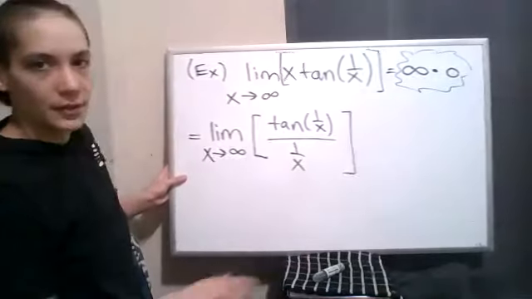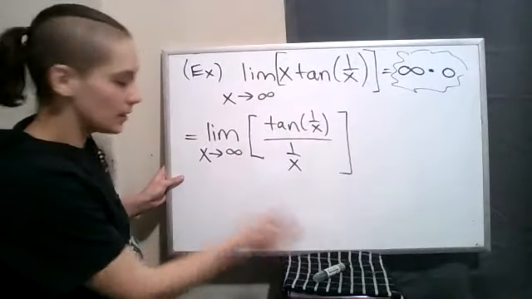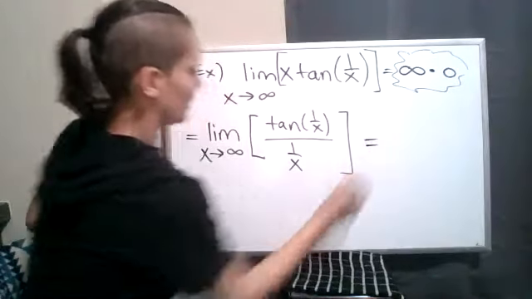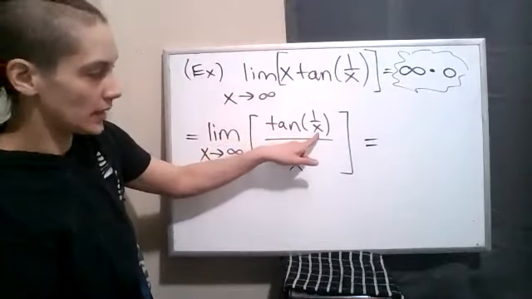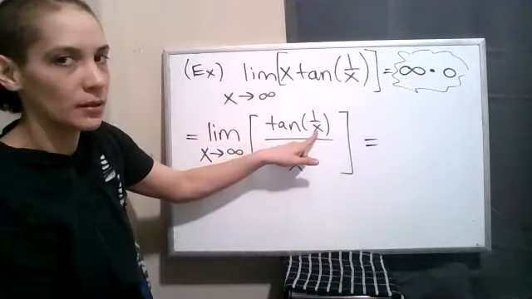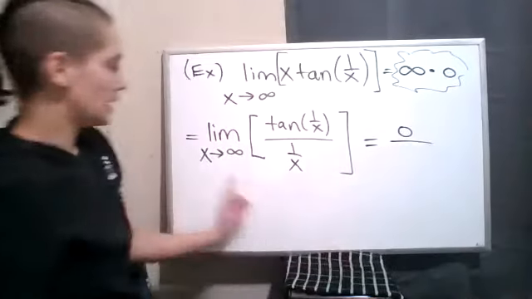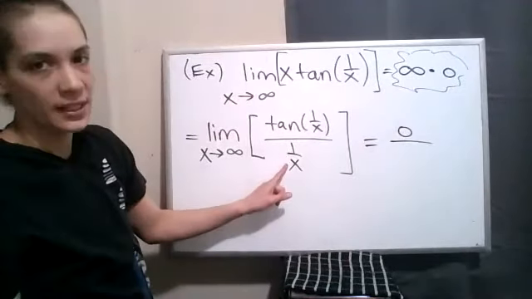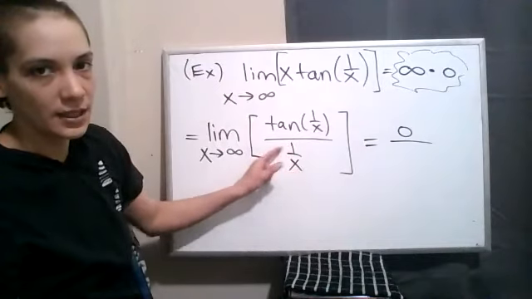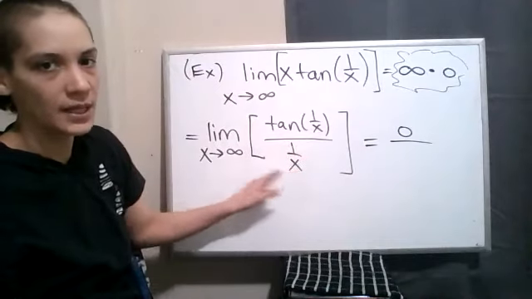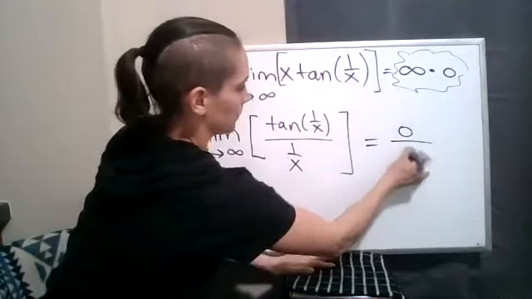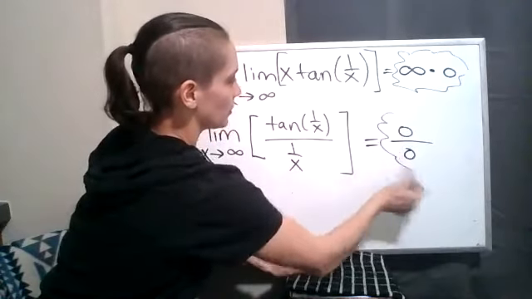So we'll check this out. If we put infinity in, tangent of this becomes 0. So tangent of 0 is 0. And again, 1 over infinity means this becomes 0 in the denominator. And I can use L'Hopital's rule.